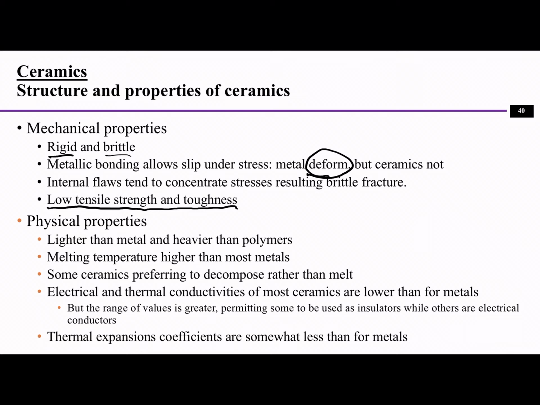All right. Some other physical properties: they are lighter than metals and heavier than polymers, and the melting temperature is usually higher than most metals. The thermal expansion coefficients are much less than for metals, meaning they do not really expand or deform with a change of structure at really high temperatures.